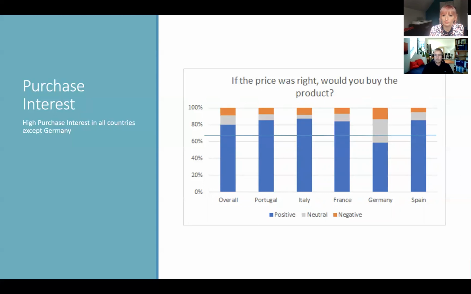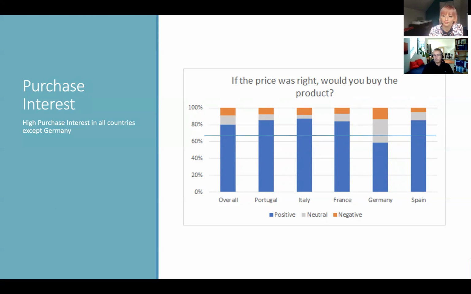In Germany, it was less than 60%. This might have different reasons. As I said, it might have to do with the product performance, especially as it's a heat-resistant product, and heat is not so prevalent in Germany. It might have to do with the German mentality, who are a bit more negative. It might have to do with the market situation, that maybe there is a stronger competitor in there.